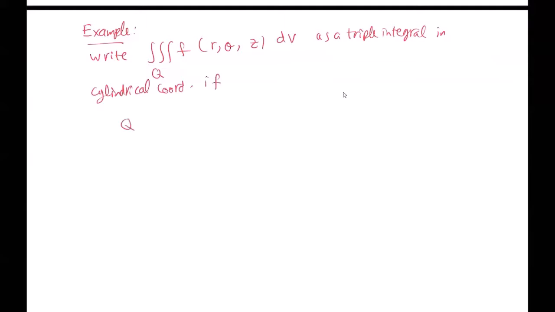Given the description of the solid Q in space, it is all points x, y, and z satisfying x squared plus y squared less than or equal to z less than or equal to the square root of 18 minus x squared minus y squared.